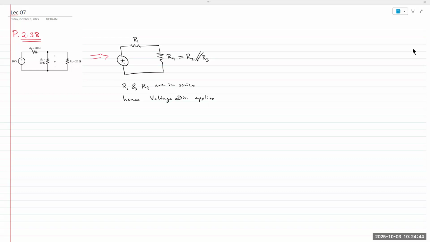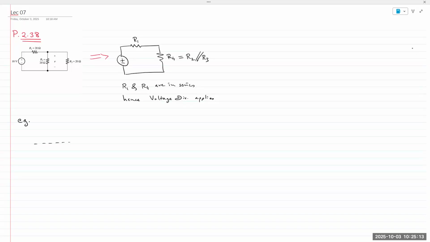Now, as a small standalone circuit, it seems very simple, very straightforward. But the application of voltage and current division comes when we have a large circuit. The large circuit could be anywhere from 10 components to hundreds of thousands of components. So let's say, for example, we draw some random circuit. We have some components here on the left.